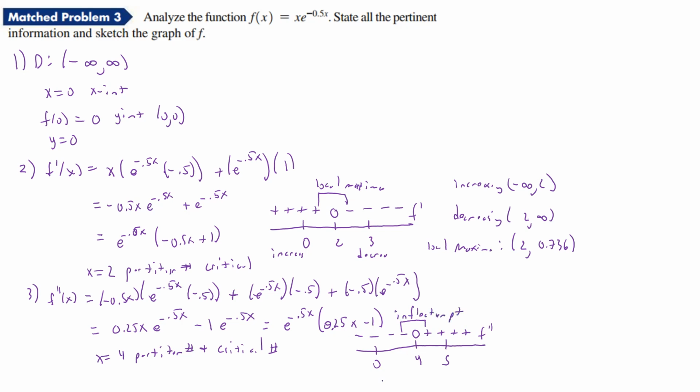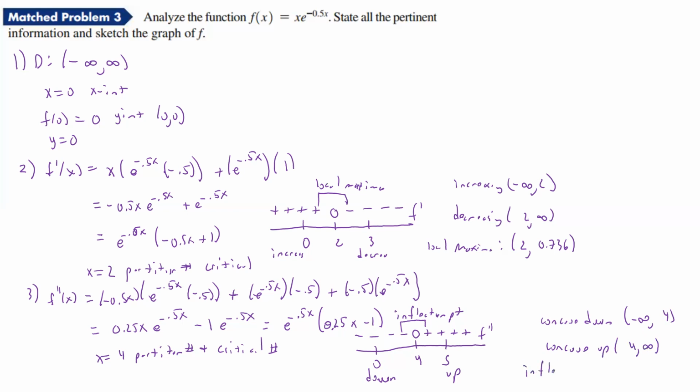And we're concave down at this point and concave up at this point. So if we write that, we're concave down from negative infinity to 4 and concave up from 4 to positive infinity.